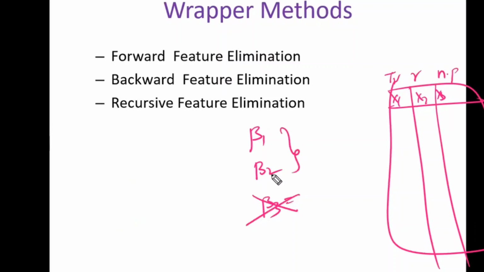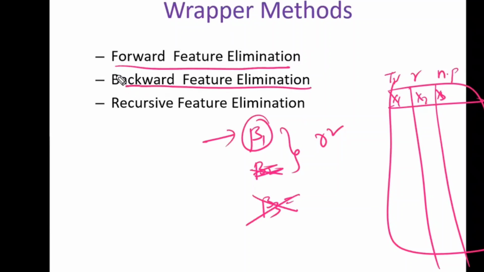Now you work only on these 2, and you calculate the R square. After that, again you remove whichever low beta is there, and again you calculate the R square. If the R square is changing too much, then you consider the latest one. If the R square is not changing much, then you continue with the variables. This is called forward feature elimination.